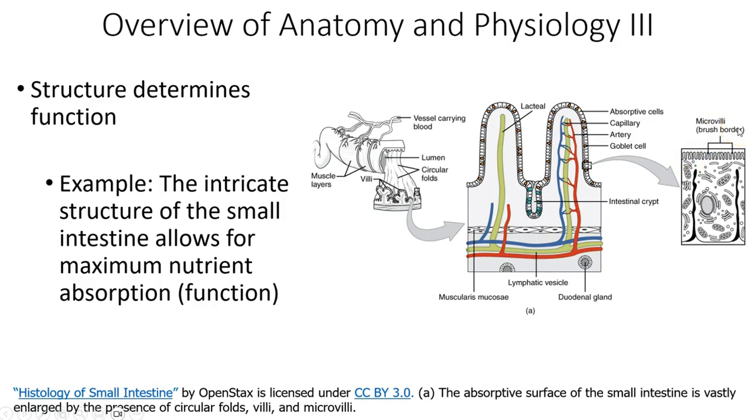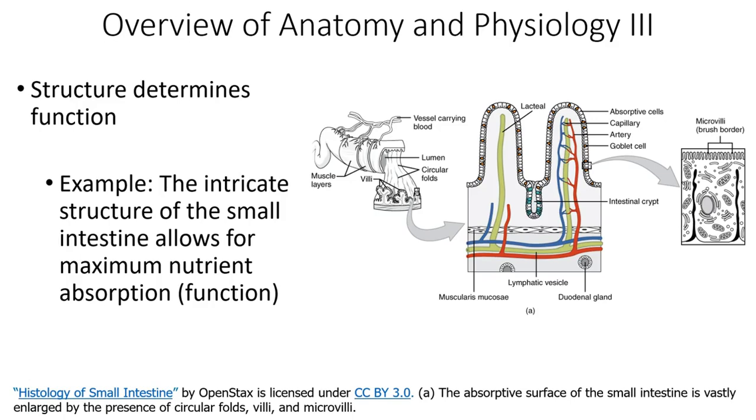Again, we'll go into more detail later in the semester about this. But all of these projections work together to increase surface area, and we want more surface area in the small intestines because that is where most of our nutrients are absorbed when we digest our food, and so we need as much space as we can possibly get to absorb as many nutrients as we possibly can.